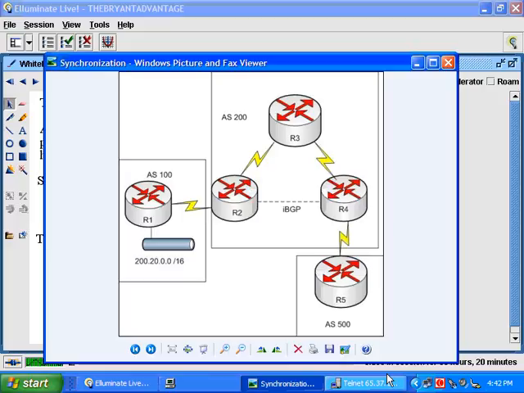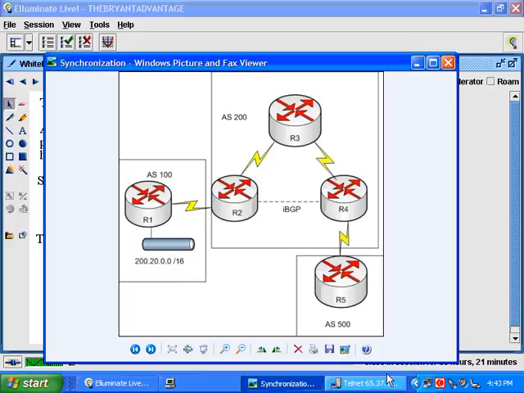Router 1 is going to advertise that connected route into BGP with the network command. The advertisement will go to router 2. Router 2 will then send the advertisement to router 4. But router 4 is going to realize that it's connected to a non-BGP speaker and that this path was originally learned from an eBGP peer.